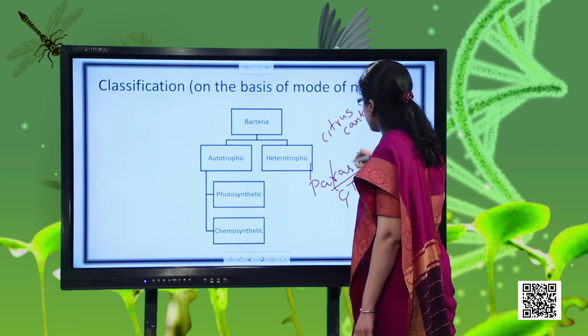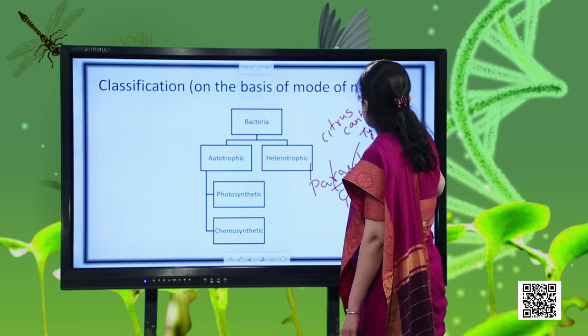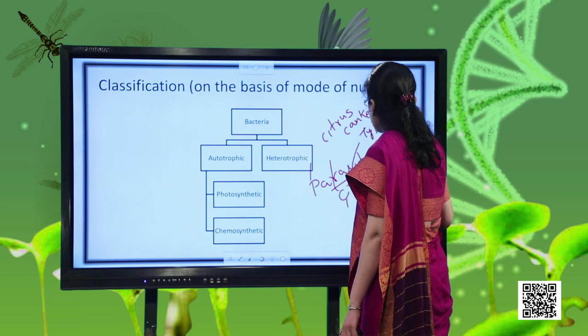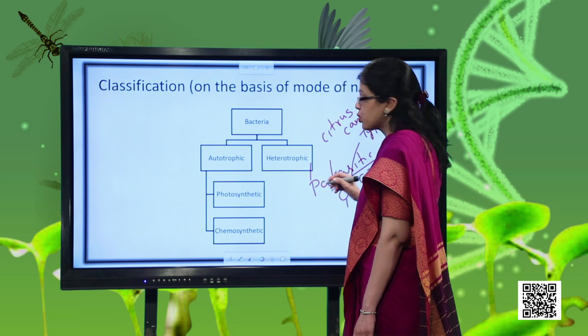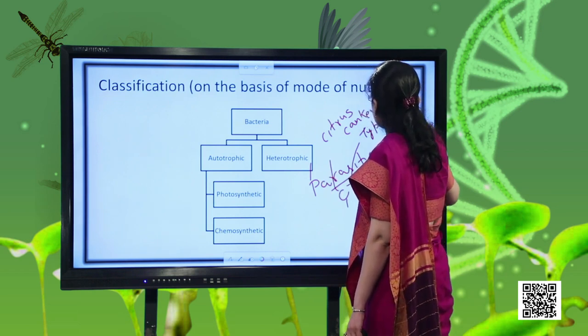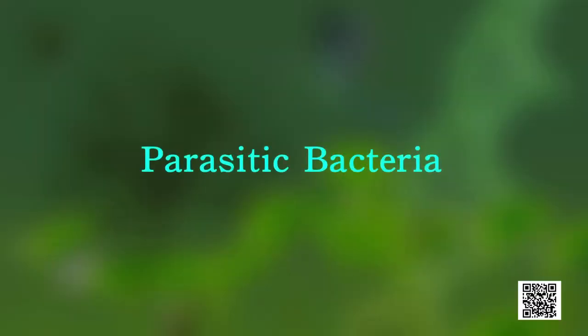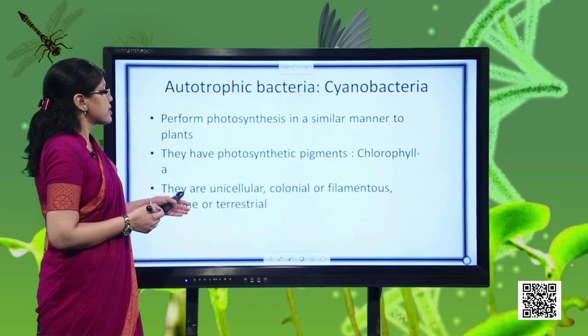Then we have typhoid. Again, this is a bacteria which causes disease. Then we have cholera. This is also a disease causing bacteria, so obviously it will have a parasitic mode. Then we have tetanus. So with the help of this trick CTCT, you will be able to learn the examples of parasitic bacteria.